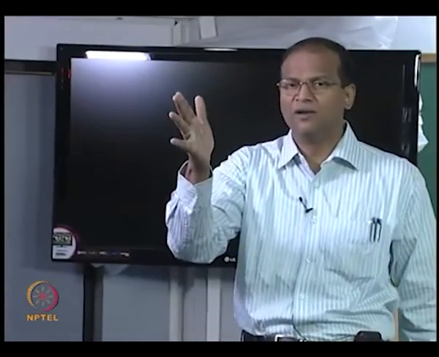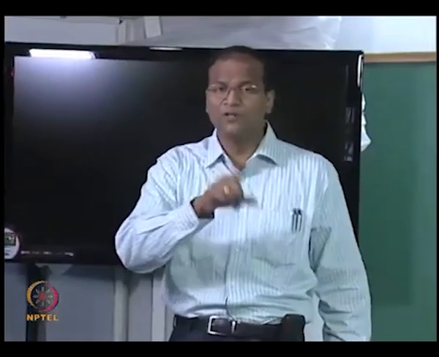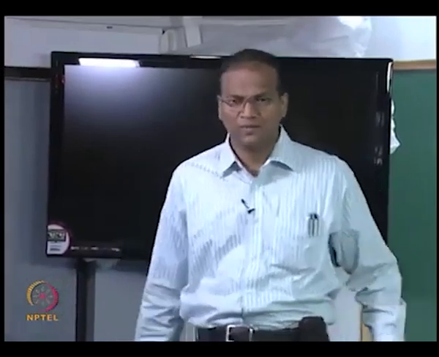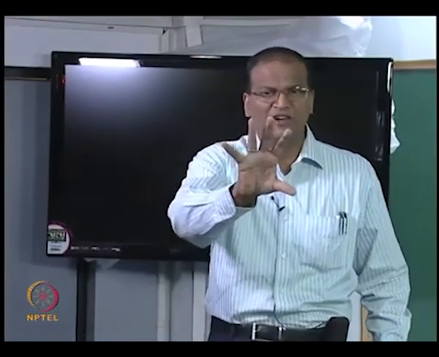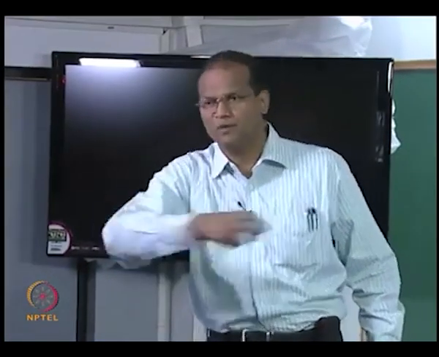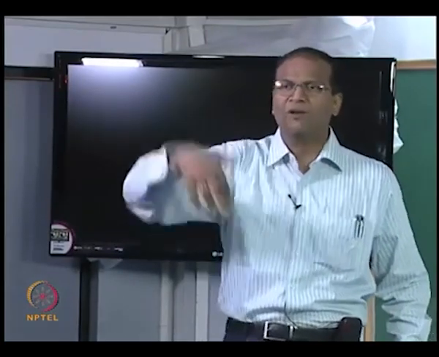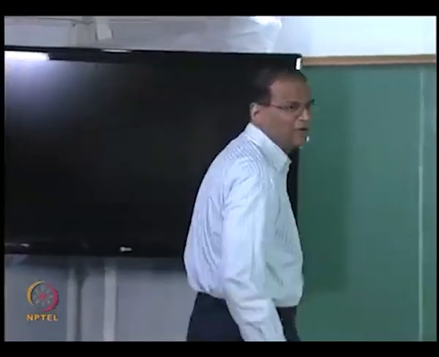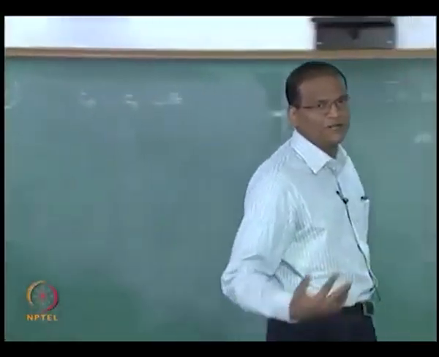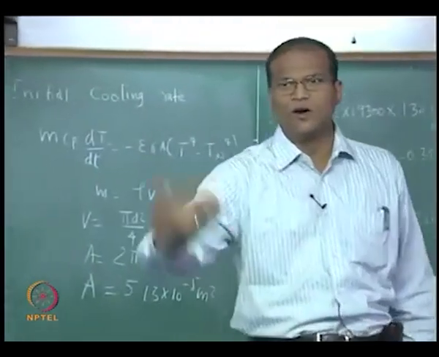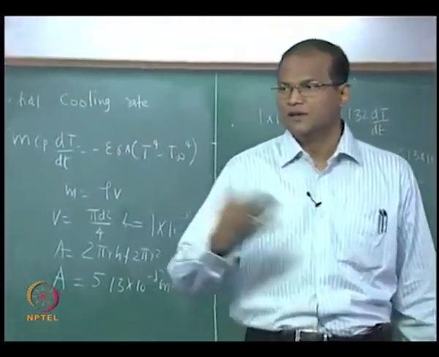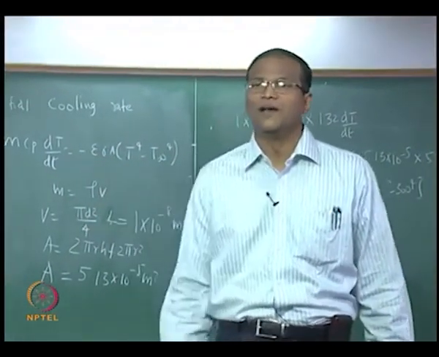I wanted to give you a flavor of one problem in lambda variation, one problem in theta variation. We will get back to this filament problem of zirconia filament. It will take about 20 minutes. We will do that in the next class. So from now on, some definition of absorptivity, then lots of problems, reflectivity problems. You will get back to my regular format of other courses where lecture, problem, lecture. We did a lot of theory in the first 2-3 weeks. Now theory and problems will be intertwined.